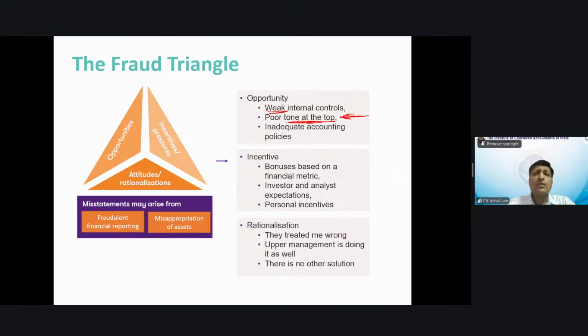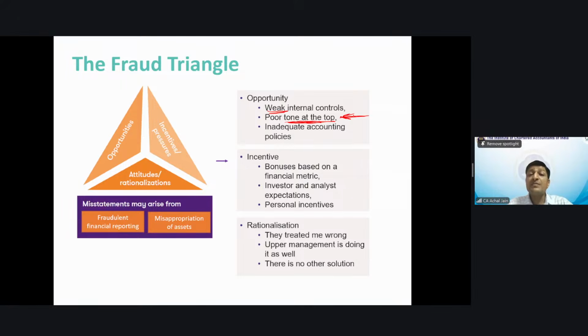At times, what may also happen is, see the way the organization is structured, or let's suppose the compensation of some of the employees, maybe a particular category, maybe the management, is linked to sales. Now what will happen?